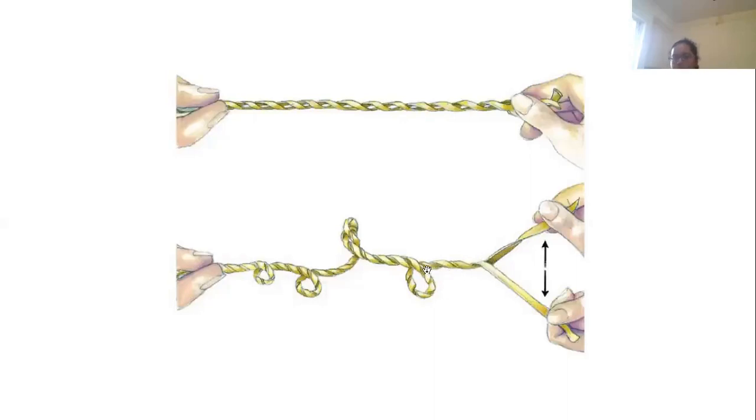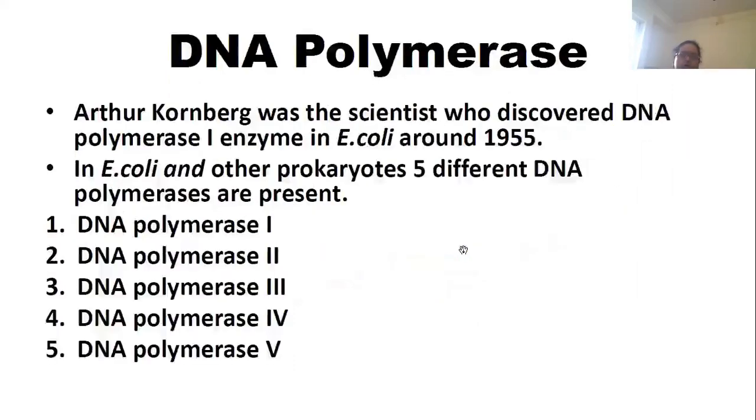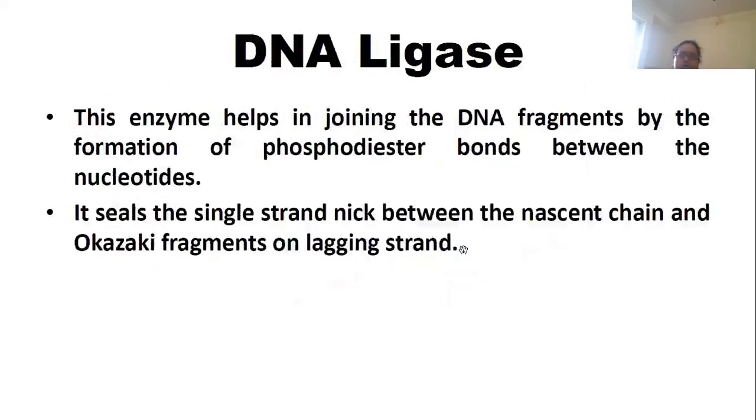So these supercoils are actually arising due to the torsion or stress in the DNA, which is created by unzipping or unwinding by the DNA helicase enzyme. This unwinding will create the formation of supercoils as a result of the strain. These supercoils have to be removed in order to carry out the unzipping and replication process successfully.